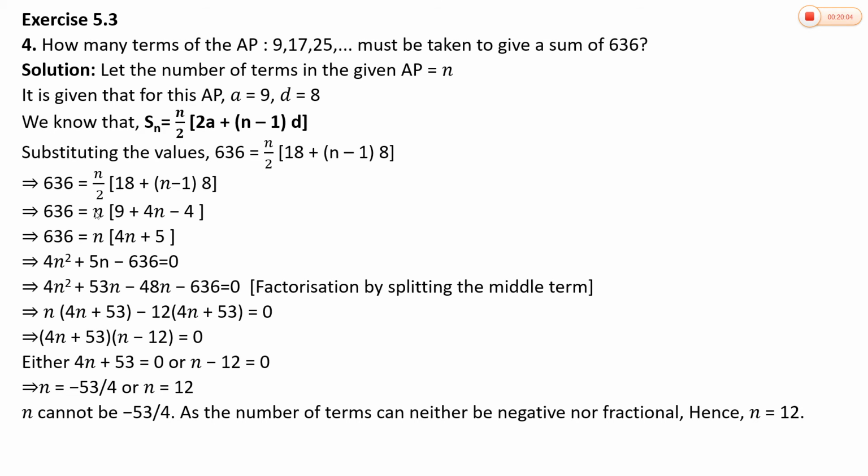If you simplify, you will get a quadratic equation like 4n square plus 5n minus 636 is equal to 0. If you solve this quadratic equation by the factorization method, by splitting the middle term, you will get the value of n as minus 53 by 4 and 12.